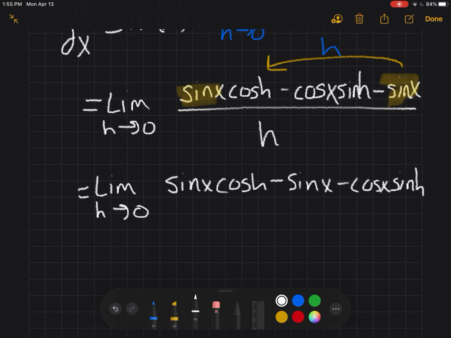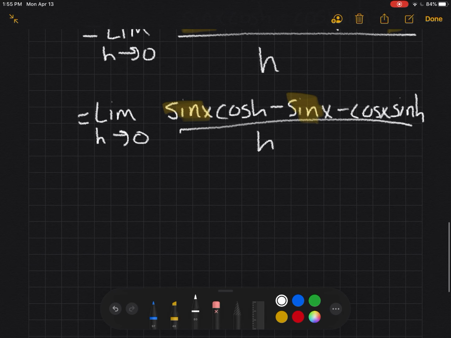So I have the limit as h approaches 0 of sine of x cosine of h minus sine of x minus cosine of x sine of h, and that's all over h. And so now I have my sine x and my sine x here.